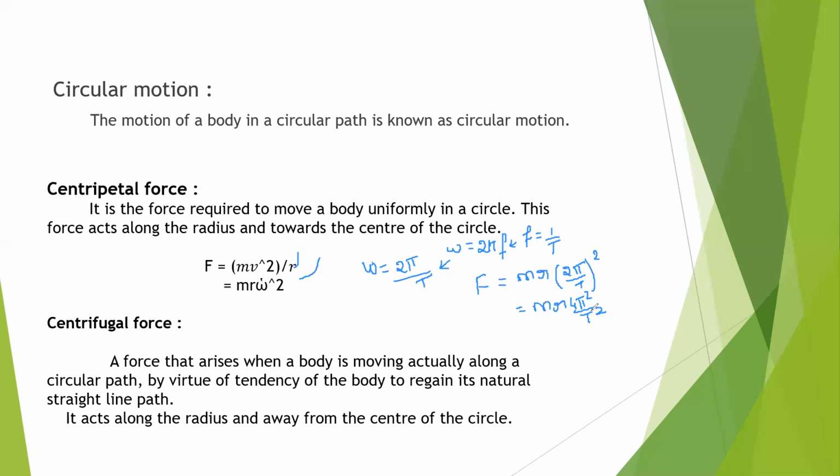We also know that the reciprocal of time period is called frequency. So I can also write it as m r into 4 pi square into 1 by T square. 1 by T is f, therefore 1 by T square is f square.